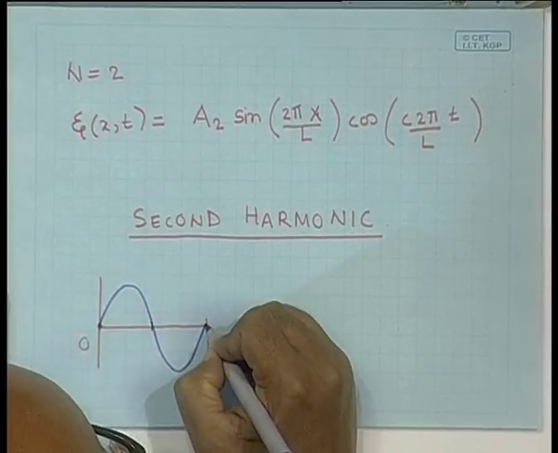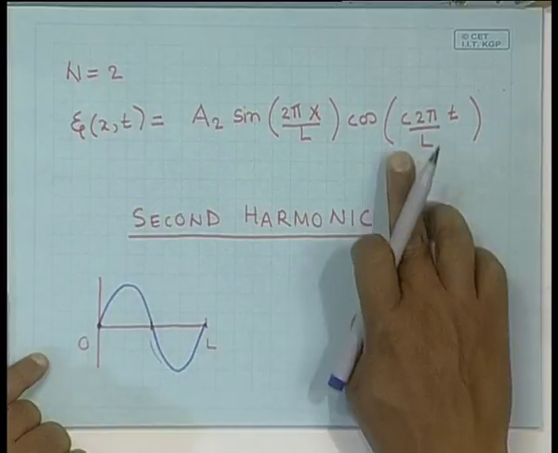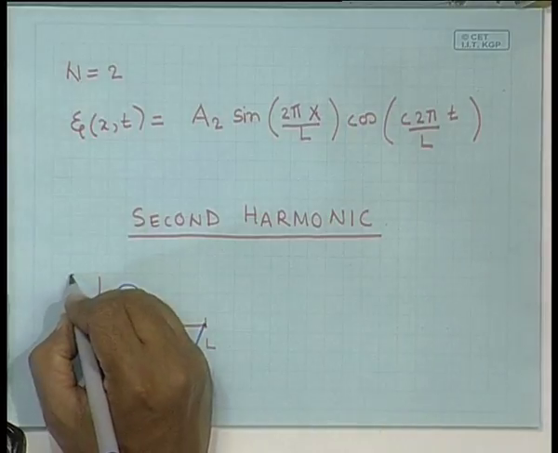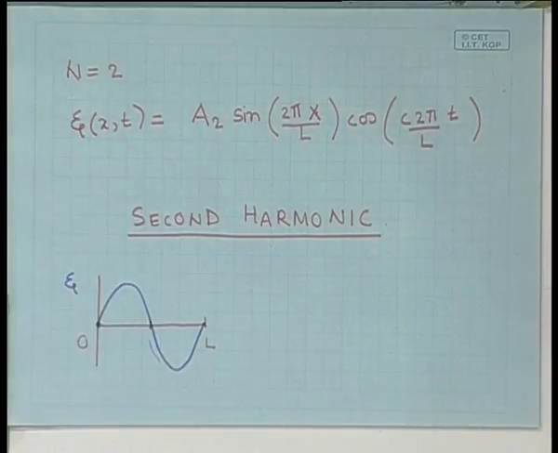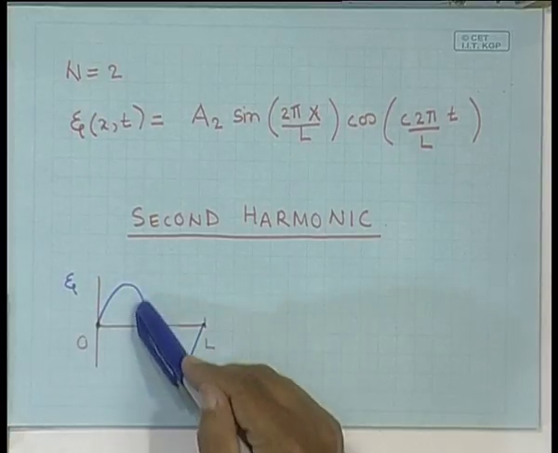So, this is the disturbance of the string. So, this is what the string will look like at t equal to 0. At t equal to 0, this cosine term has a value 1.